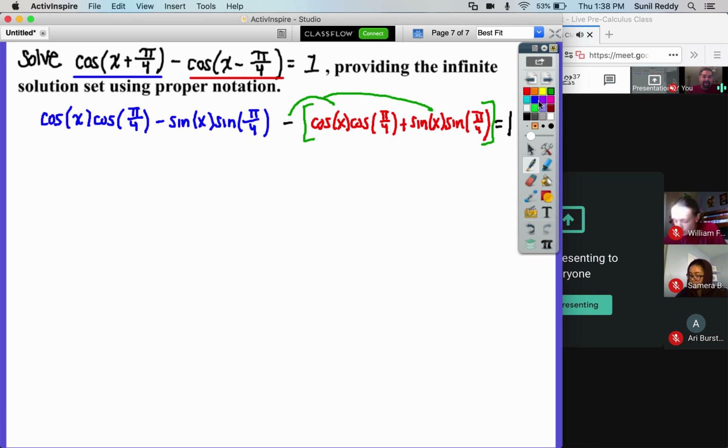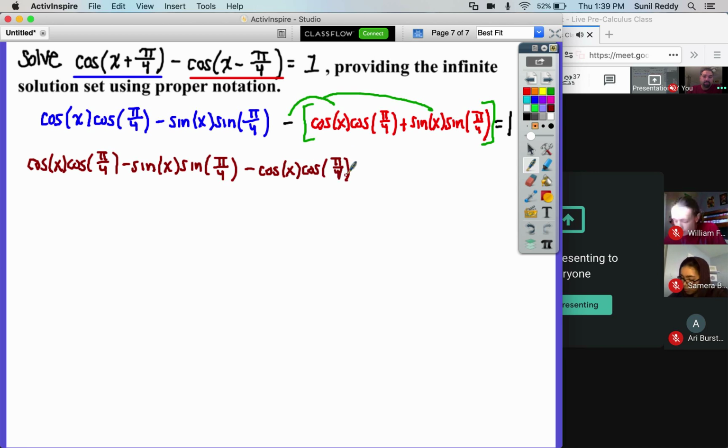Once I do this now, I have cosine of x, cosine of pi over 4, minus the sine of x, sine of pi over 4, minus, because I'm distributing, cosine of x, cosine pi over 4, minus, because a negative times a positive is still negative, sine of x, sine of pi over 4.